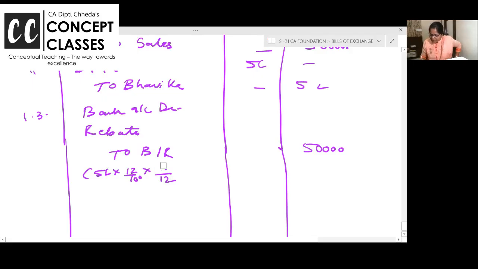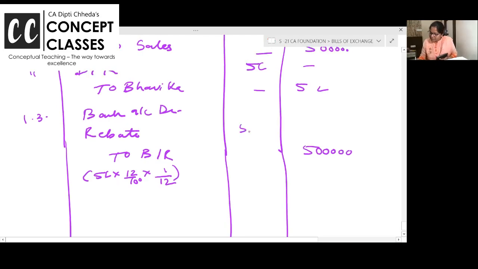How much is it? Not 50,000, 5 lakh. 5 lakh into 12% into 1 divided by 12, 5,000. 4,95,000 payment I will accept, because you are making me payment 1 day before the due date.